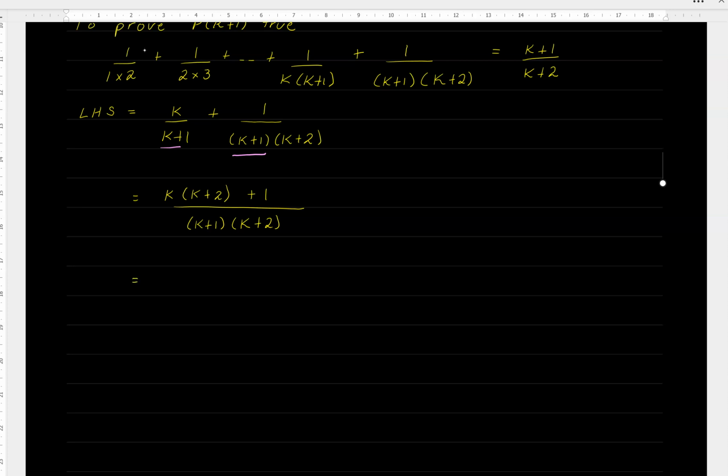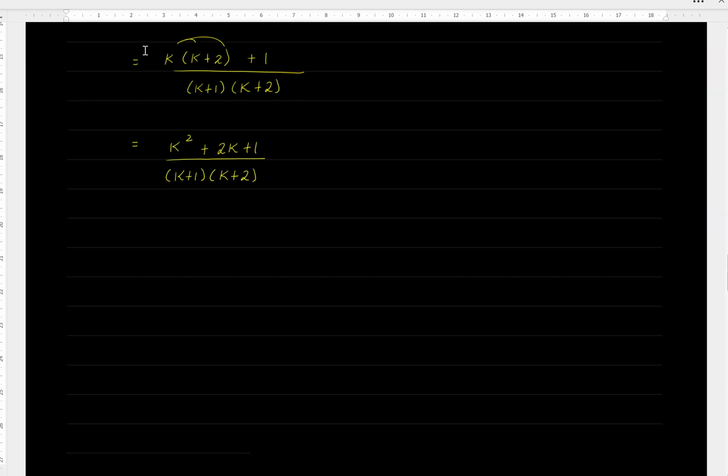Okay, let's tidy up. K times k, we have k squared. We're expanding our bracket. Plus 2k plus 1. Denominator stays the same. We look at the top, and lo and behold, we can factorize that. That's a perfect square. So we end up with k plus 1 times k plus 1 all over k plus 1 times k plus 2.